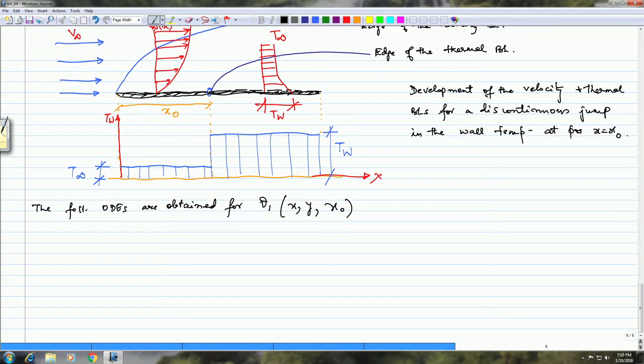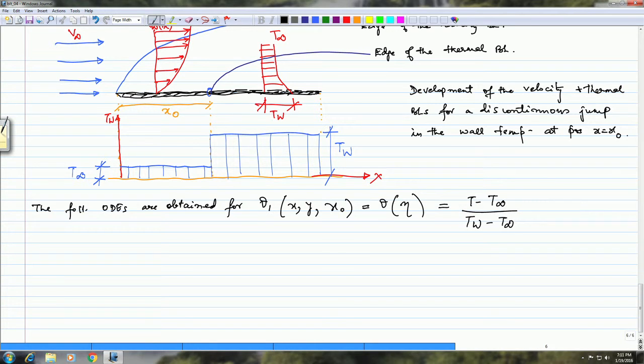It varies because of that as well, and so does eta, which is equal to (T minus T infinity) over (T_w minus T infinity).